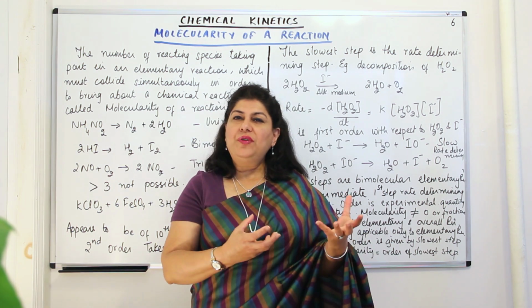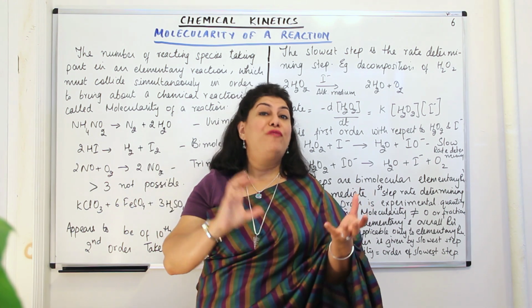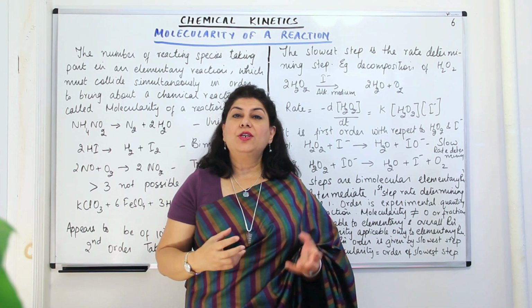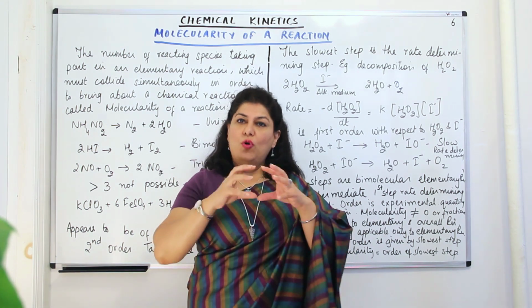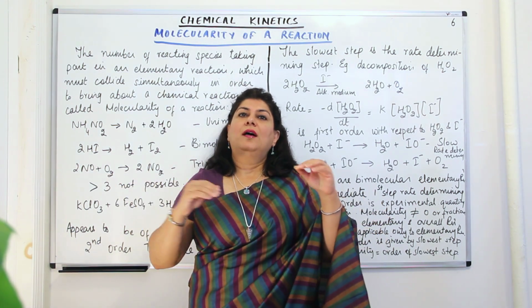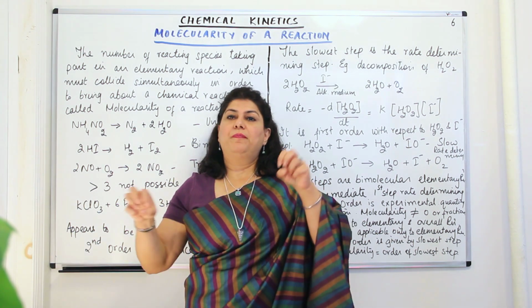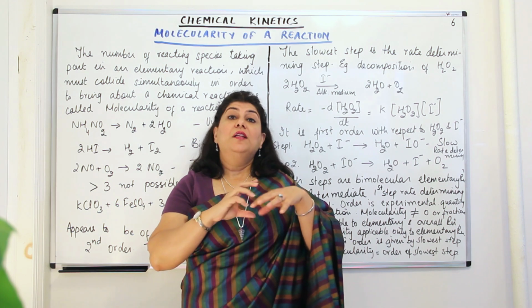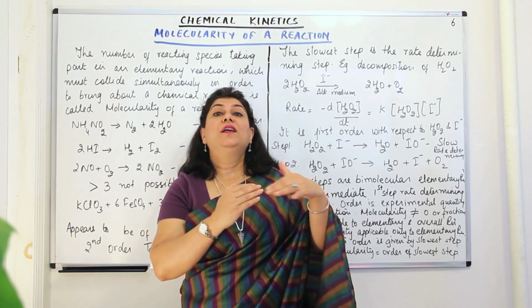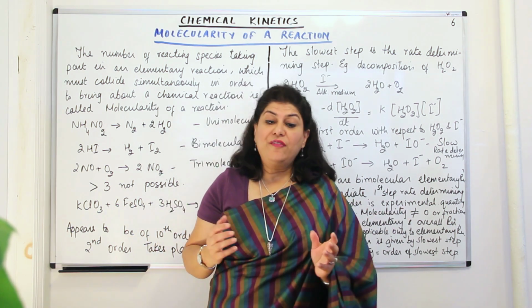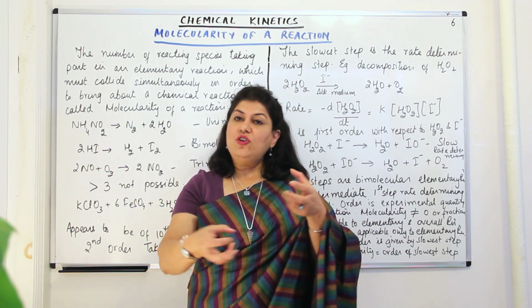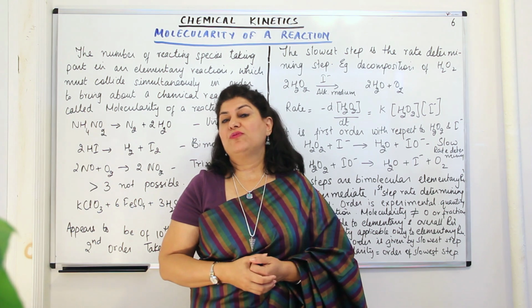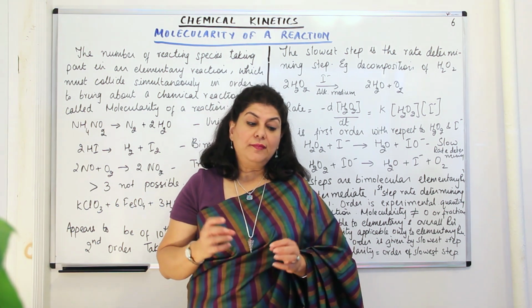So beyond 3 species, to imagine that there would be 4, you must have studied permutations and combinations in mathematics, where you know the more entities are participating, the larger exponentially the possibilities increase. Therefore, the possibility of 4 species colliding together at right angles becomes very, very little.